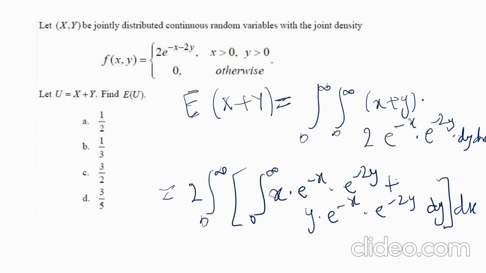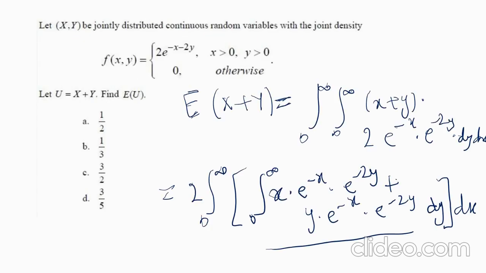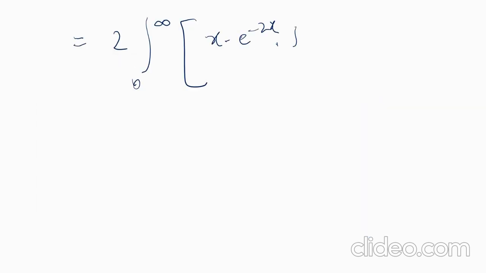So that one will be 2, 0 to infinity, and then we can integrate it. It will be x e to the power minus 2x, and for e to the power minus 2y it will be 1 upon 2, and then e to the power minus x.